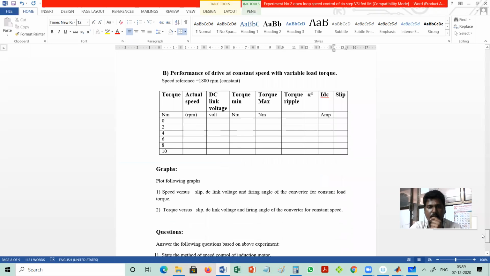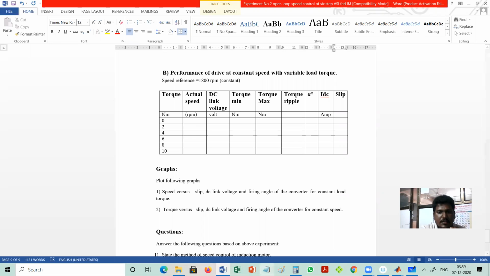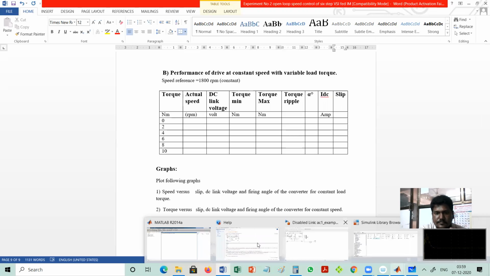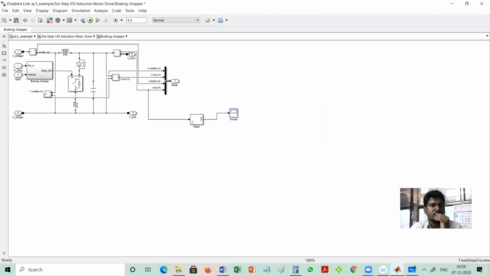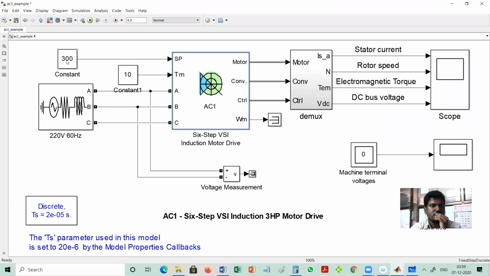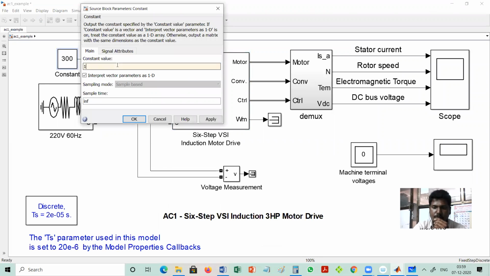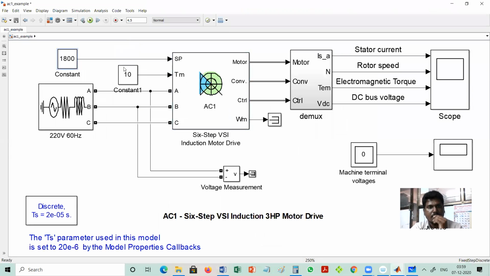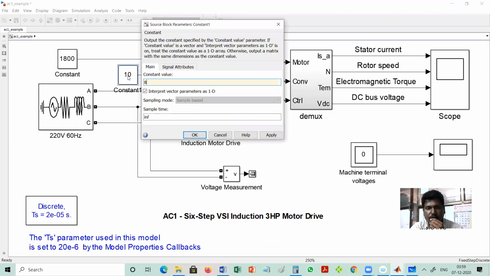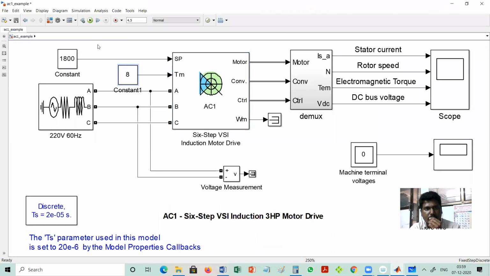In the second table, you have to put the speed equal to 1800 rpm and change the value of the torque. I will show you one reading here. So here you have to take the speed equal to 1800, and for torque I will show for torque 8. And run it.